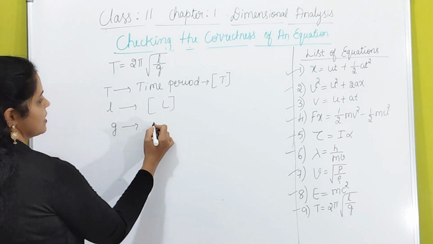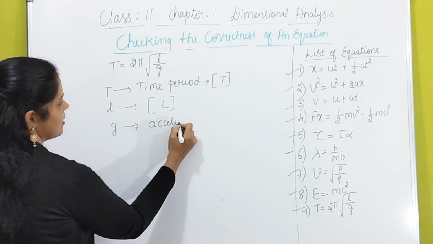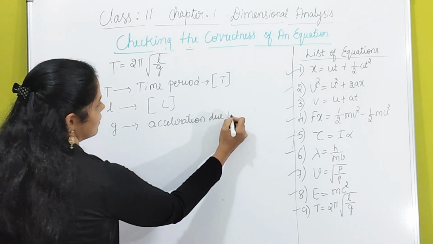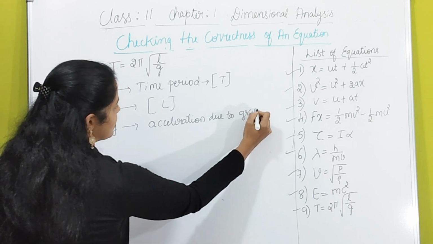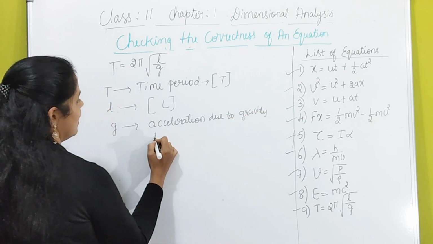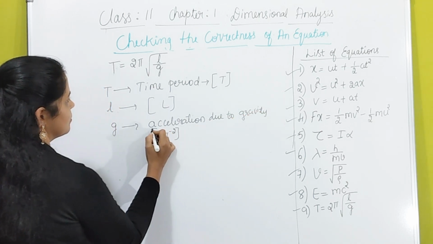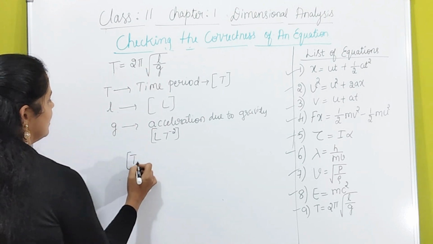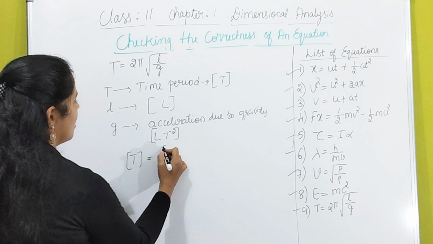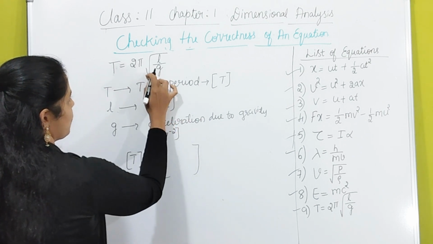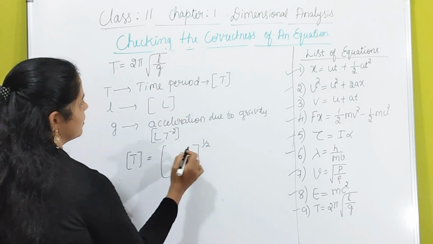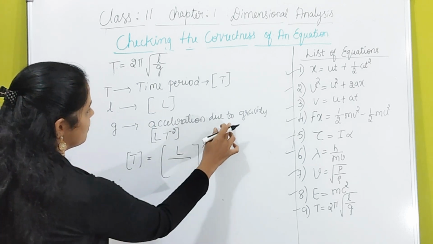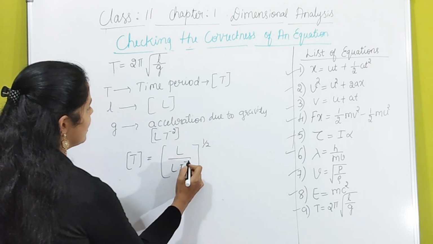G is acceleration due to gravity, and its dimensional formula is LT minus 2. Substituting in the given place, T is equal to, see, if the power is square root, the power is half. L is in the numerator, keep as it is, and in the denominator LT minus 2.